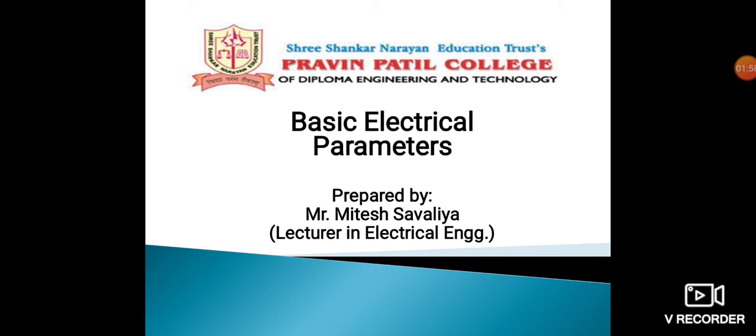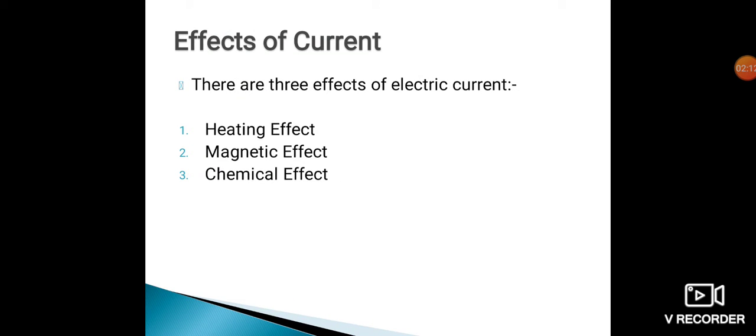In this video, we are going to learn the effects of current, how many effects current has on an electrical network. There are 3 effects that current produces for an electric circuit or electric network.